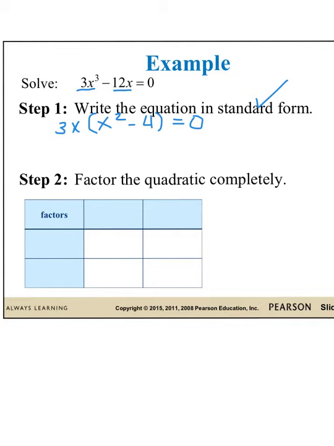We need to factor the quadratic part completely. And so we have x squared minus 4, and there is no middle term, so we know that the factors are going to have to be the same except for their sign.